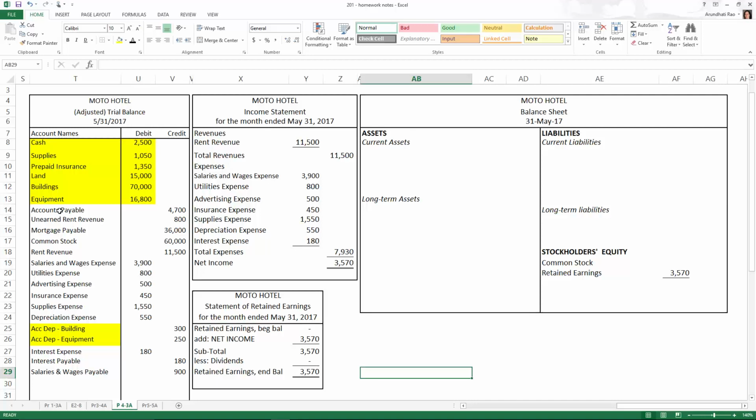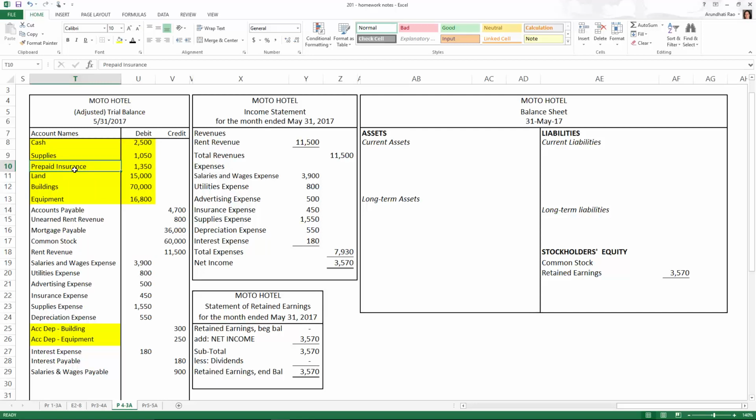Current assets are those assets that will convert into cash, or we will get the benefit from them, within the next 1 year or the operating cycle, whichever is longer. So cash is already in the most liquid form. Supplies, we typically expect to use up within a short period of time, that's next year. Prepaid insurance, we were told, was a 1-year insurance policy.